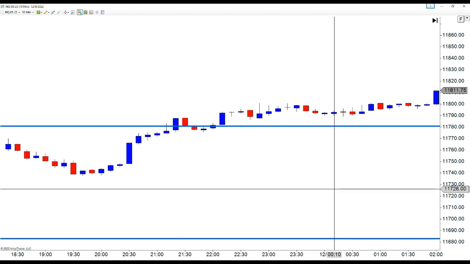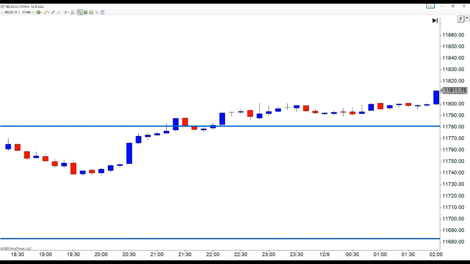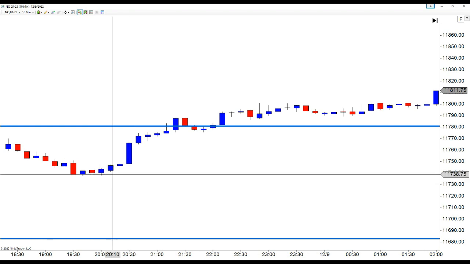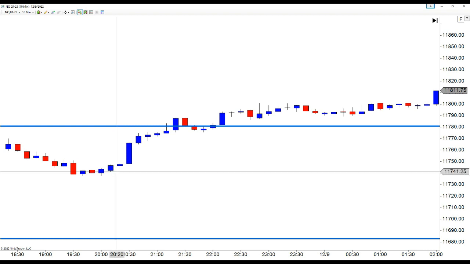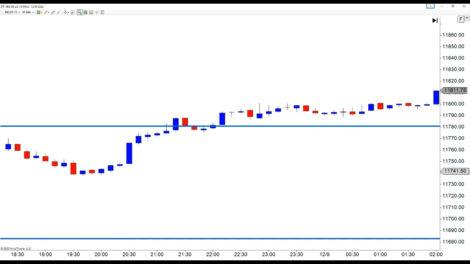Here's what you can start telling yourself. All right, let's say I'm over here, let's say 8 o'clock. You're looking at this and you say, well, price is above the halfway point and moving higher. Do I have a way of getting long? Why?